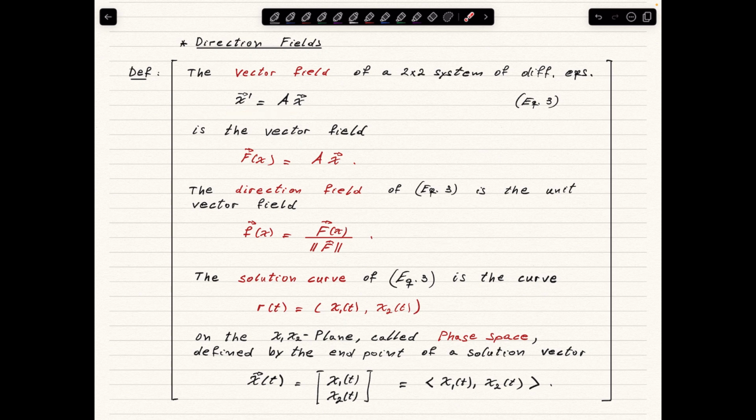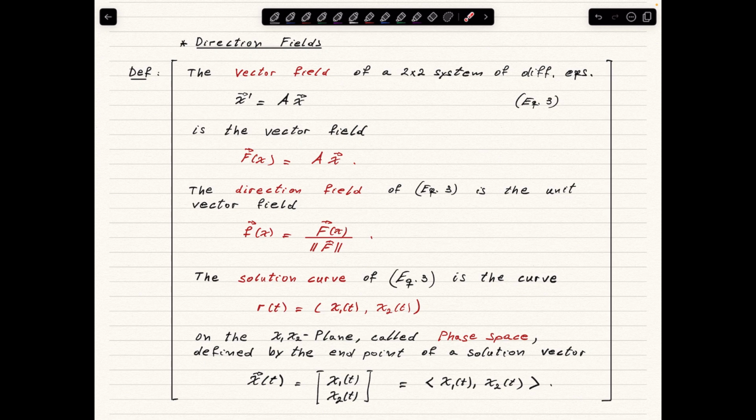So recall that in the case that the matrix A is constant and we have a diagonalizable matrix, then we have solution formulas for the solution of these equations in the case of complex or real different eigenvalues. And so we have formulas for these components. Well, these components define a vector in the appropriate solution space, and the endpoint of the solution vector, we collect all these endpoints, and that is what we call a solution curve.